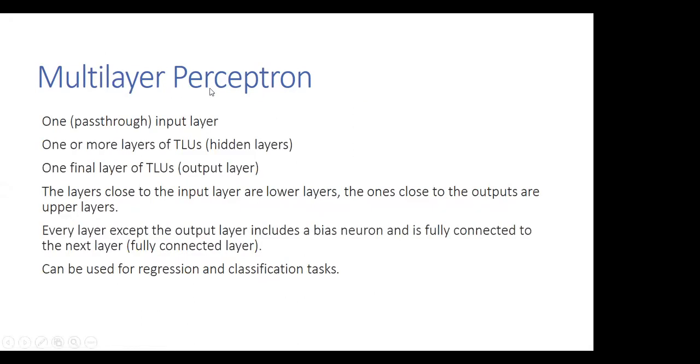So a multi-layer perceptron has one input layer, which is a pass-through layer, and one or more layers of TLU, which we call hidden layers, and one final layer of TLU, which we call the output layer. The layers that are close to the input layer are usually called lower layers, and the ones close to the outputs are usually called upper layers.